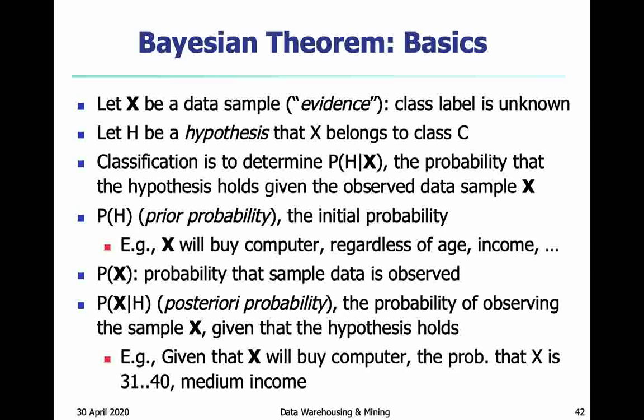Means the probability that the hypothesis H holds given the evidence, the data tuple X. Means P(H|X) is the probability that the hypothesis H holds, or is satisfied, given the X data tuple. Fine. So this is the first one that you need to remember.